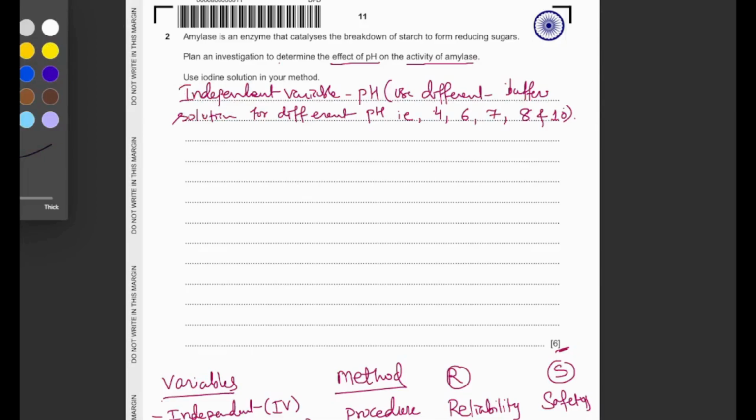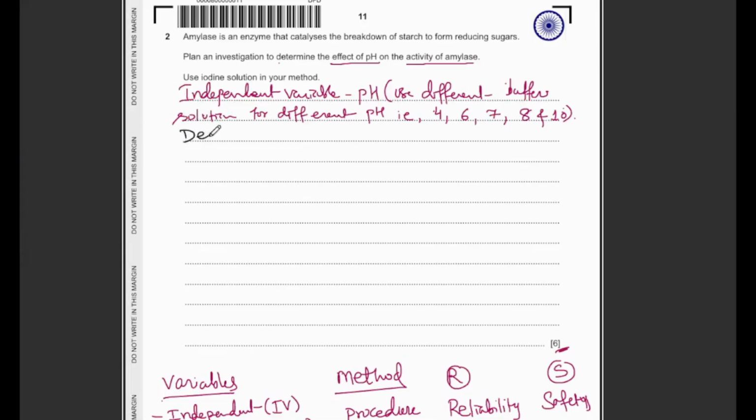Next one we will do for dependent here. What is the dependent variable we are looking for? We are looking for the time for the starch to be completely broken down. So enzyme activity, right? So that the complete breakdown should be there.